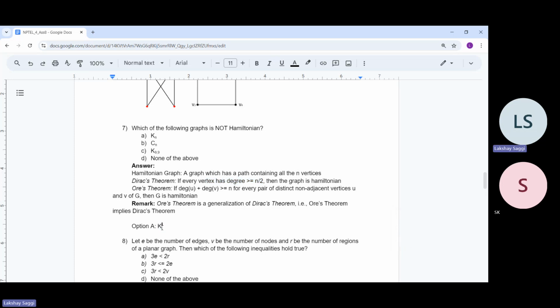So maybe I can just write it down. So in Kn, every vertex has a degree of n minus 1, which is greater than or equal to n by 2.